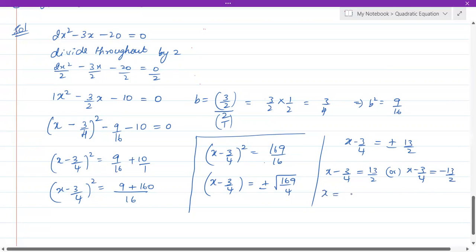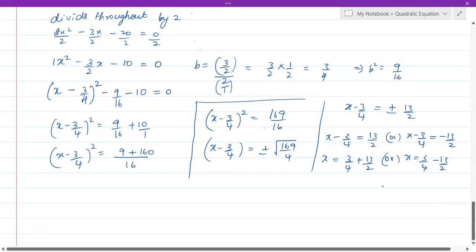So minus 3 by 4 to the other side, x will become 3 by 4 plus 13 by 2, or x will become 3 by 4 minus 13 by 2. Okay, therefore x, if we take LCM, it will become 29 by 4 and here it will become minus 23 by 2. Okay, so these are the values of x.